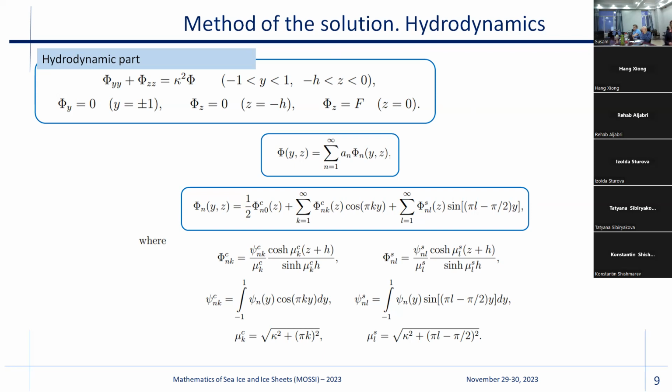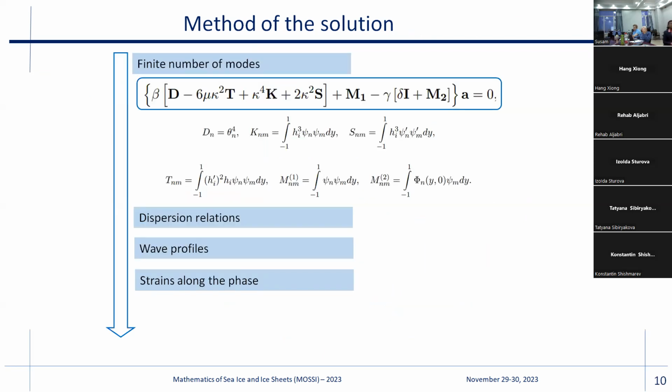Then we substitute both series for the wave profile and for the potential profile into the plate equation. Then we multiply by any one mode psi n and integrate the result across the channel. Next, we take a finite number of modes psi n and obtain this matrix problem.